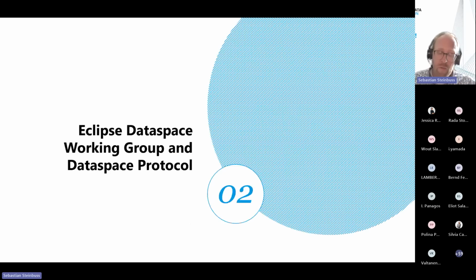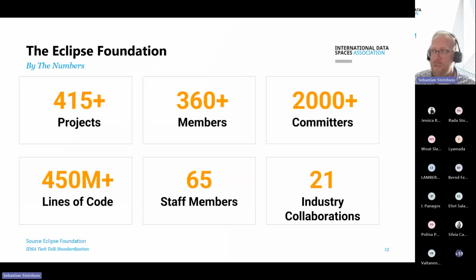And then the other approach that I would bring to your attention is another activity that we're doing when we are moving through the open source developments, utilizing the Eclipse Dataspace Working Group. The Eclipse Dataspace Working Group is a new working group inside Eclipse with a strong focus on data spaces. The Eclipse Foundation, if you don't know them yet, is a huge, large open source organization with more than 400 projects, more than 300 members.